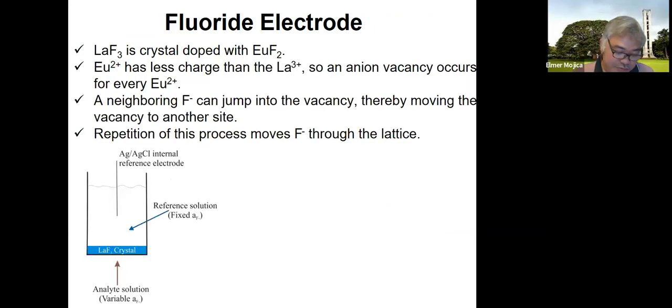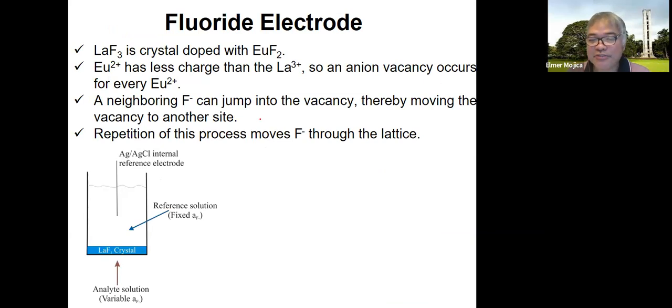So if we talk about this fluoride electrode, you have your lanthanum fluoride that is doped with europium fluoride. Now, europium fluoride, we could say, has less charge than the lanthanum 3+.